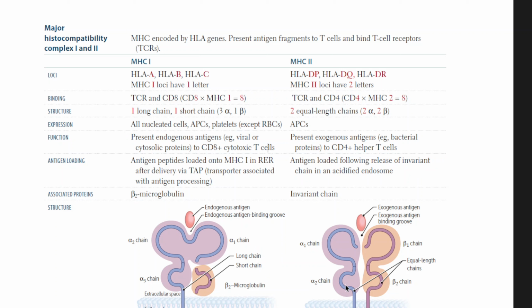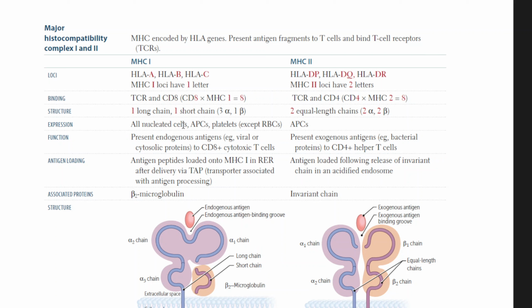In the other structure, MHC2, we have 2 alpha and 2 beta. So 1 alpha here, another alpha here, 2 alpha, and then 1 beta here and another beta here. So 2 alpha and 2 beta. Remember, MHC2 has 2 alpha and 2 beta in its structure.